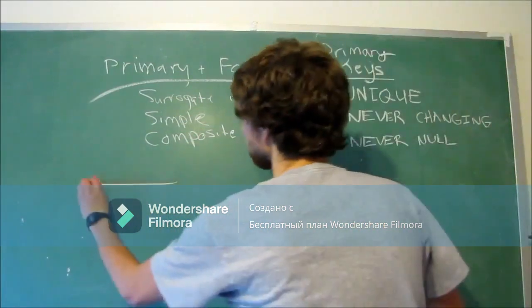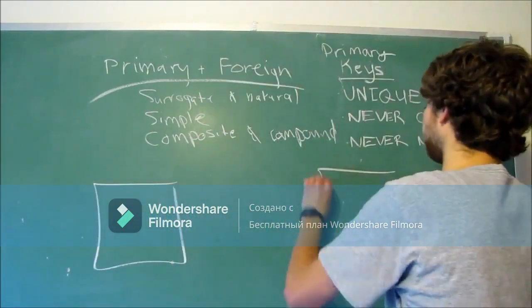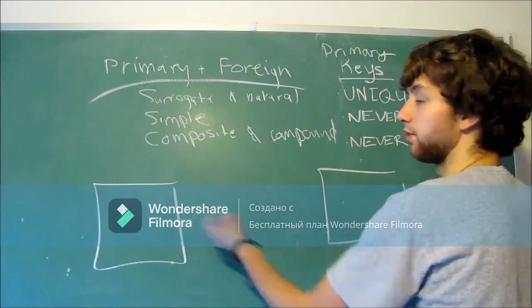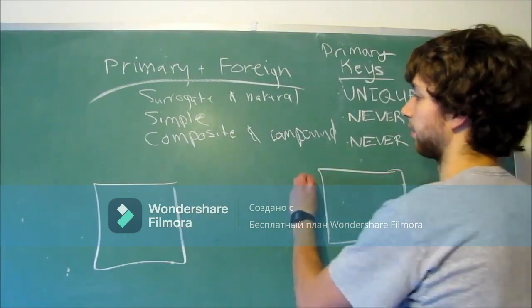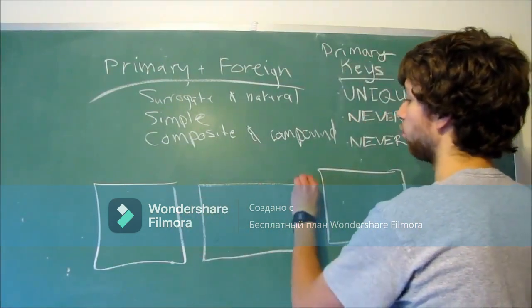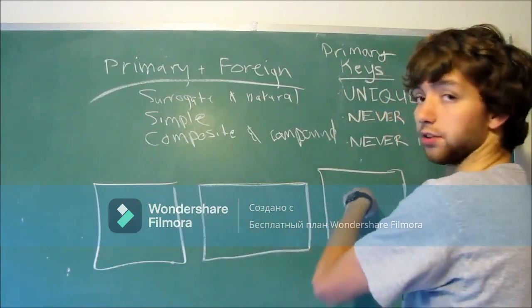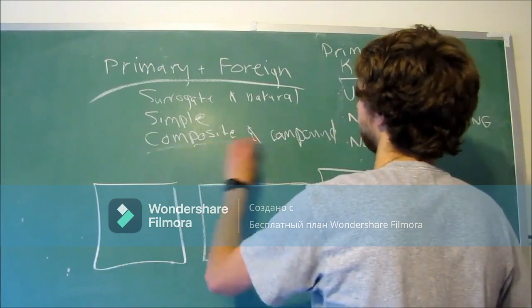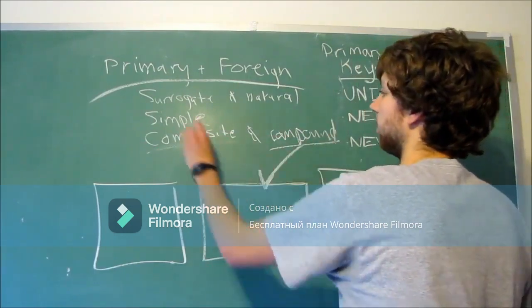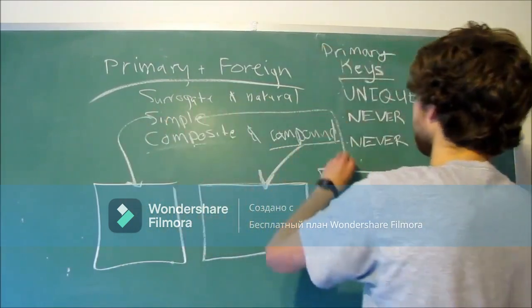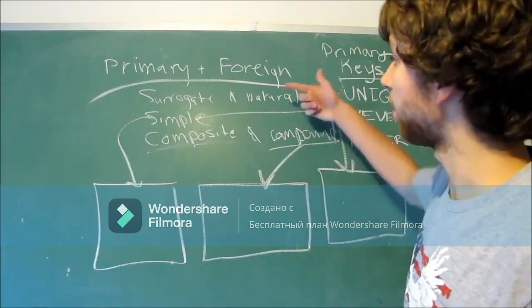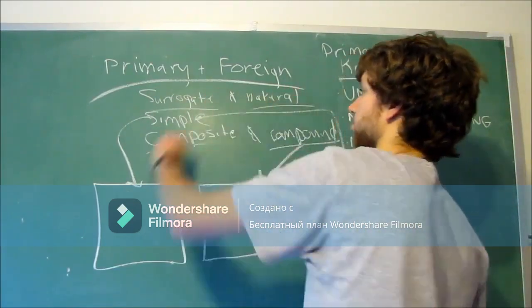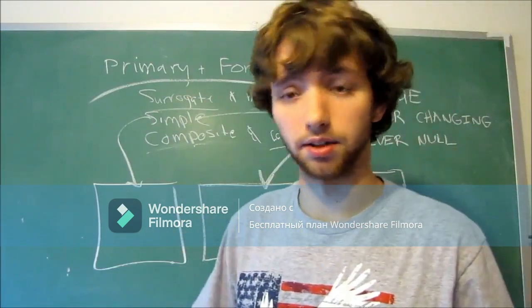For example, you could have a users table, and we could have a students table, a class table, and then we could have an enrollment table with the students taking certain classes. I guess we could use a compound key for this table, and then we could use simple for these tables. That's something you could do. But you should still use either surrogate or natural. Just pick one and use it throughout your database.